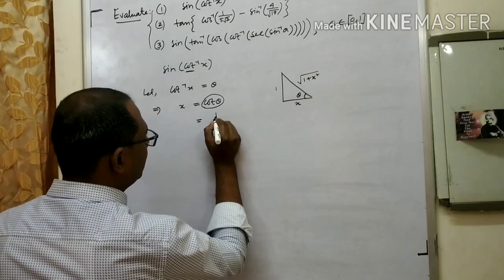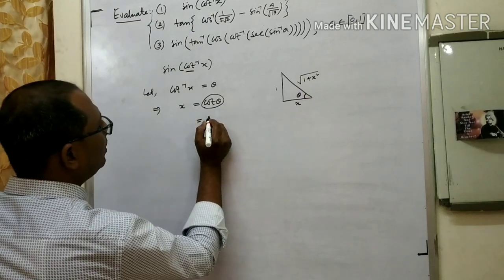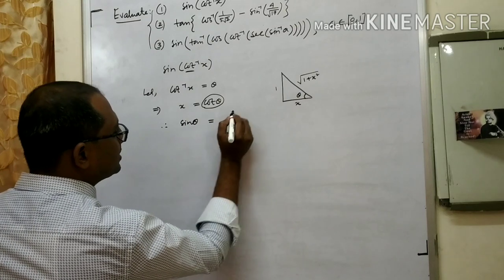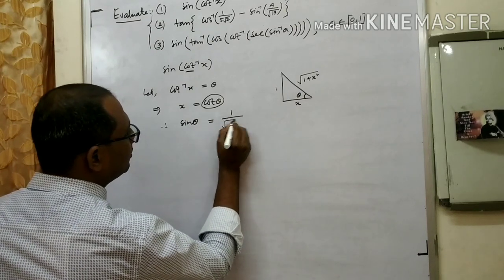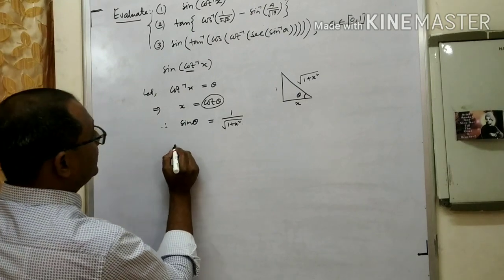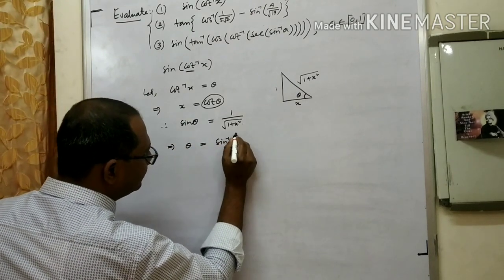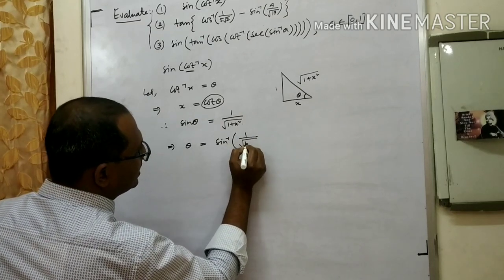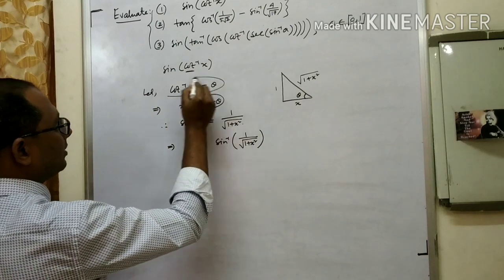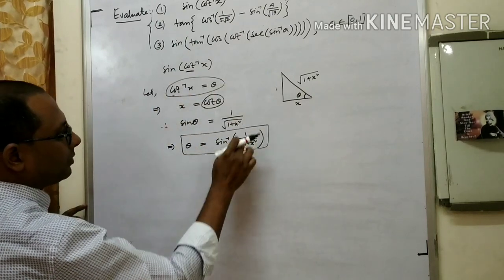Therefore sine theta is equal to 1 upon root over 1 plus x squared. So theta will be equal to sine inverse of 1 by root over 1 plus x squared. Now look, theta we started with cot inverse of x, and the same theta we are getting as sine inverse of 1 by root over 1 plus x squared.